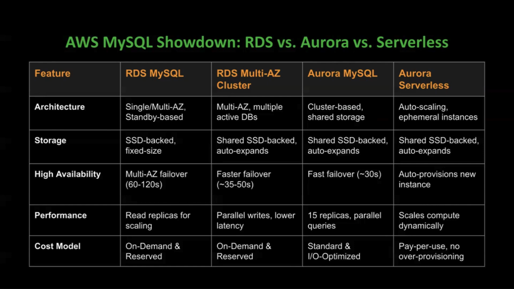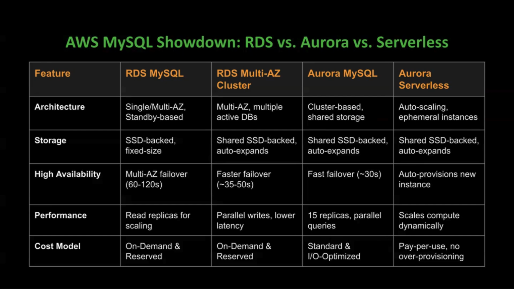And finally, Aurora Serverless is the most flexible and cost efficient option, as we saw in the cost pricing models. Aurora Serverless is ideal for unpredictable workloads as it automatically adjusts compute capacity based on demand and prevents over provisioning costs. So, which one should you choose?